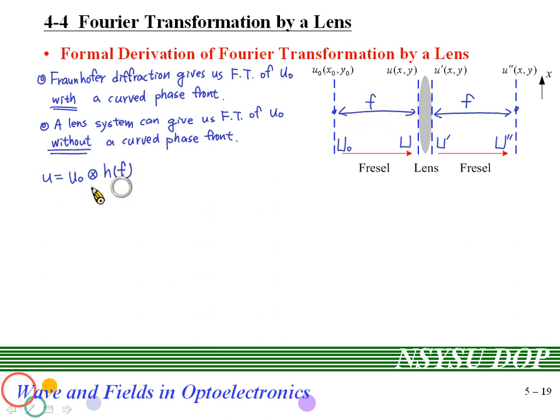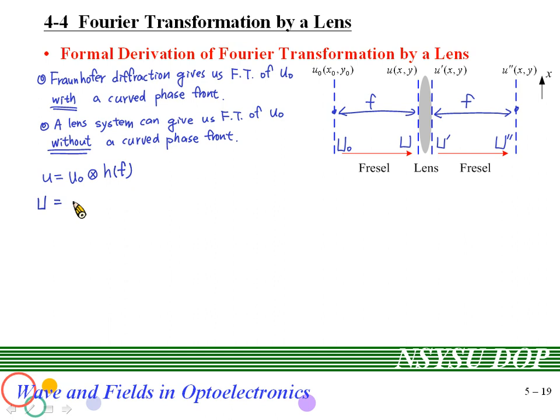And then let's perform the Fourier transformation of this equation. For the left-hand side, it will become capital U. And for the right-hand side, after Fourier transformation, we can transform the convolution into the multiplication, right?